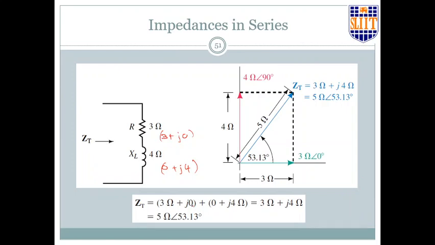So it's 3 plus 0j, 0 plus 4j, add together, so it's 3 plus 4j. In the complex numbers, you represent it like this. You have 3 ohms in this direction, 4 ohms in that direction, so the resultant is 5 with an angle of 53.13, right?